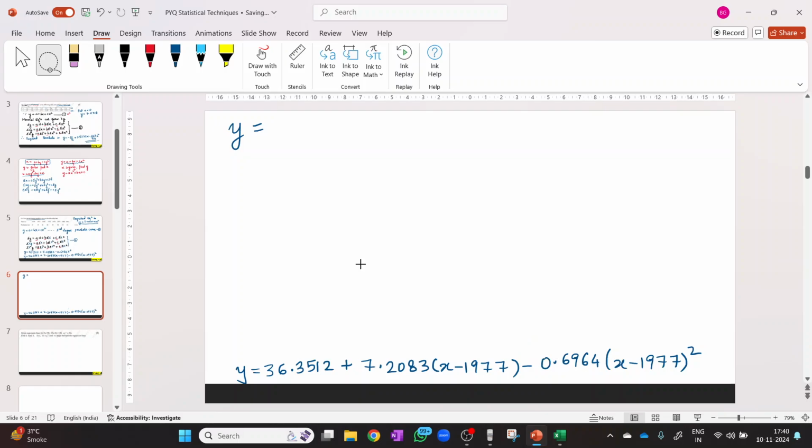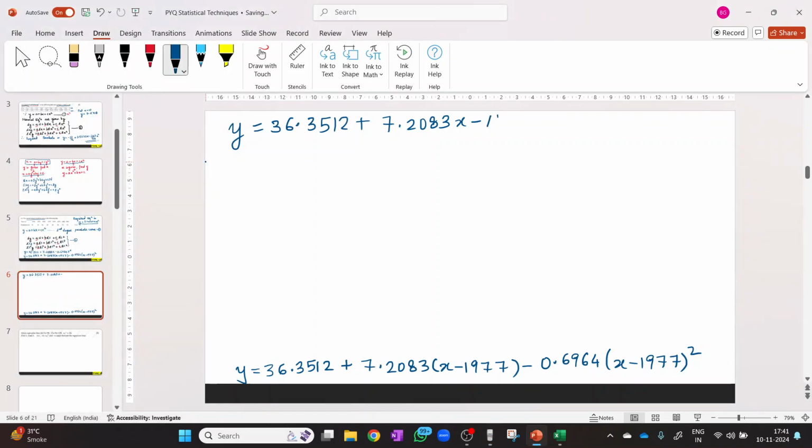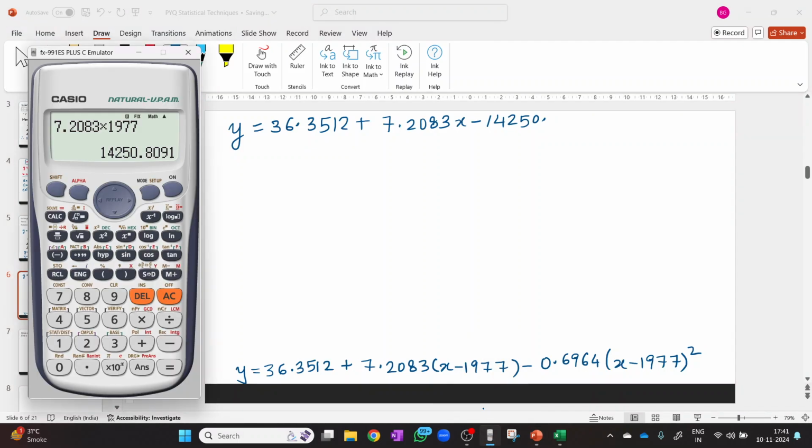So 36.3512, 7.2083 times x minus, let's move to the computational mode, 7.2083 into 1977. That becomes 14,250.8091.